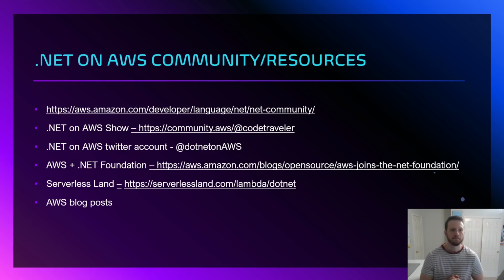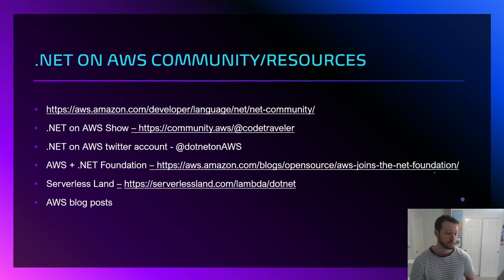Community. By the way, as you can see, there's a bunch of links on these slides. I'll post this presentation on my blog afterwards, so if you want to find this PowerPoint there and click on the links, you can do that. AWS actually has their own .NET community page where they link you to a bunch of these things. There's the .NET on AWS show on Twitch.